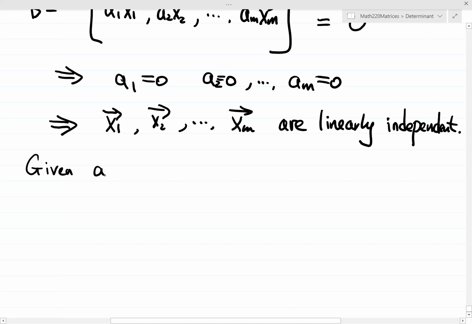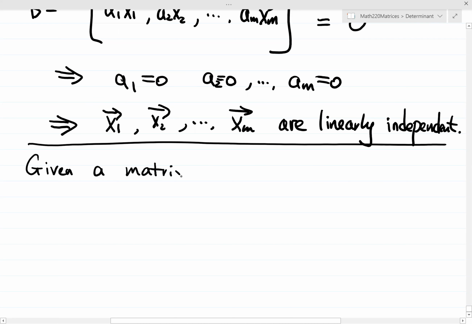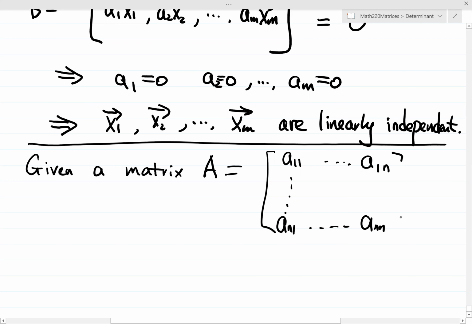Given a matrix A, if you write A equal to a11, a12, ..., a1n, up to an1, ..., ann, it's an n by n matrix.